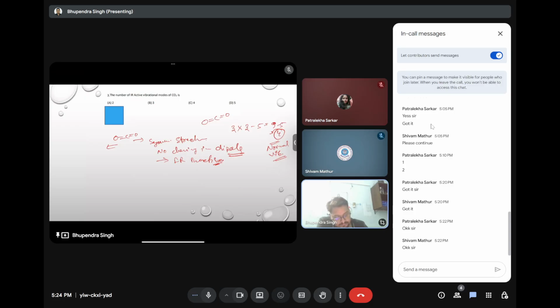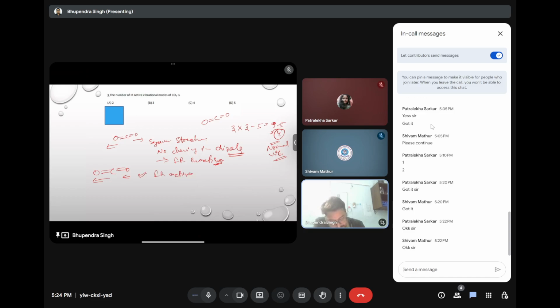Other modes will be like this. So the dipole is changed. This is IR active.